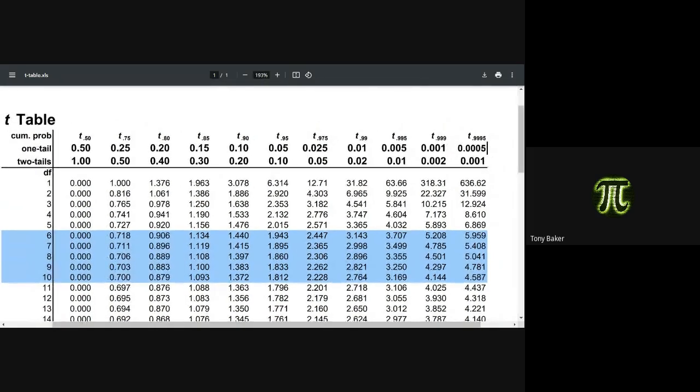Okay. The top's got 3 lines of information. It's got the cumulative probability, it's got the one-tailed, and it's got the two-tailed. All right. Right now, since we're looking at confidence intervals, we are always looking at two tails. We're looking at both directions. Okay. Next week, we'll talk about the one-tailed stuff. So right now, we're looking at the two tails.